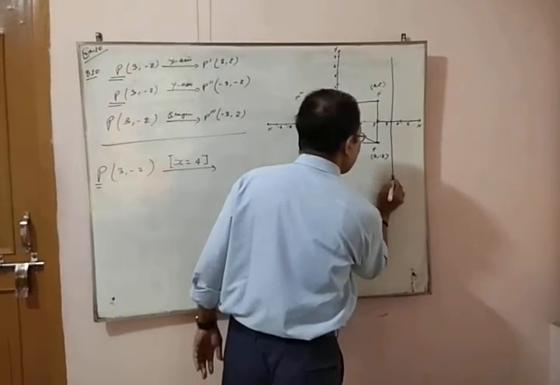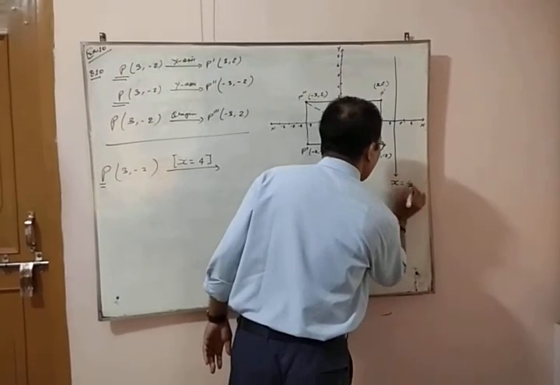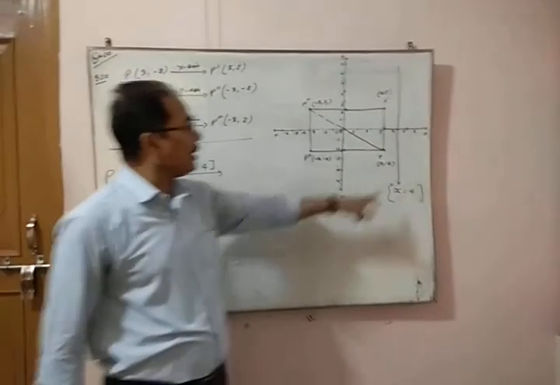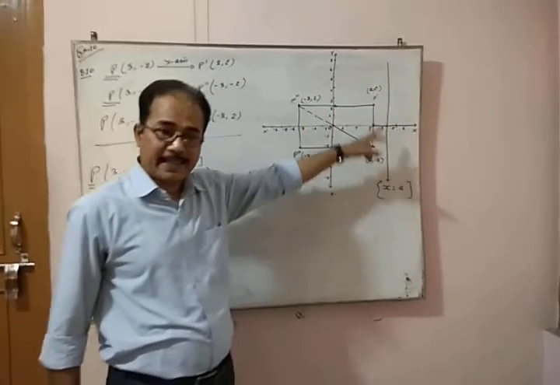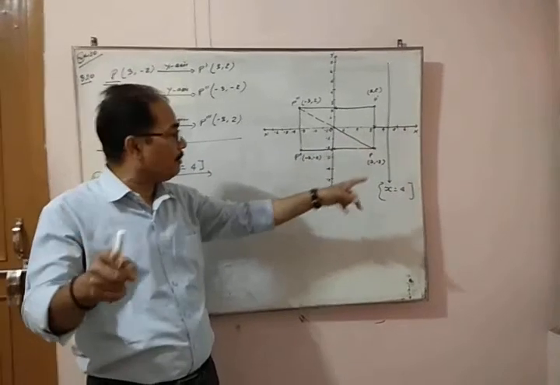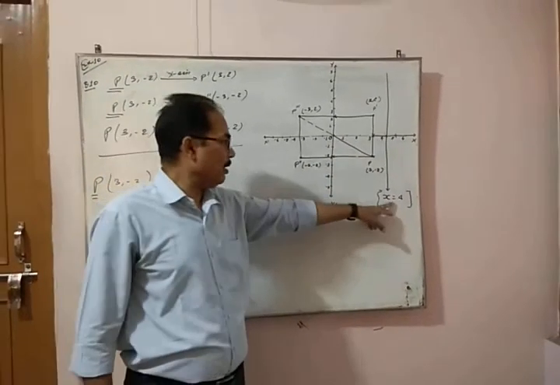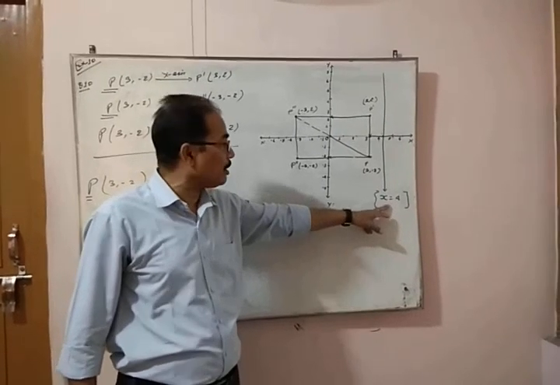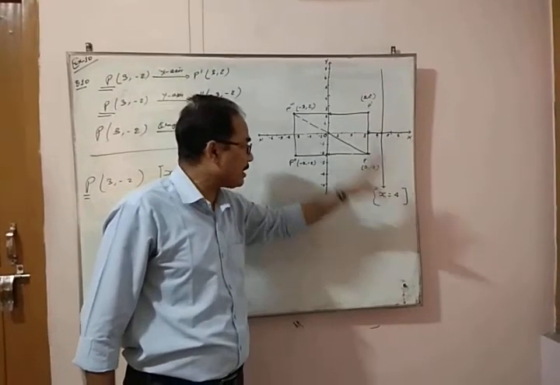This is your line x equal to 4. x equal to 4 means that over the line, if any point is taken, then the x coordinate of the point will always be 4, while the y coordinate will vary. This is why this line is known as x equal to 4.